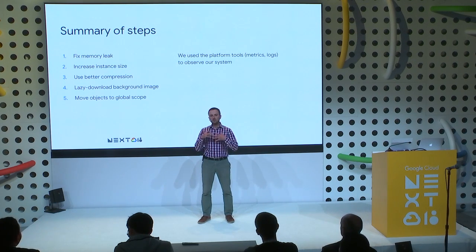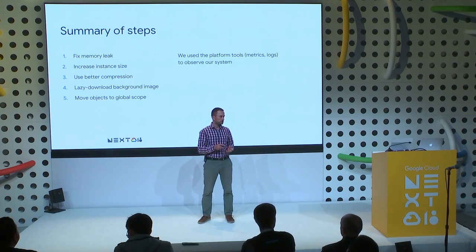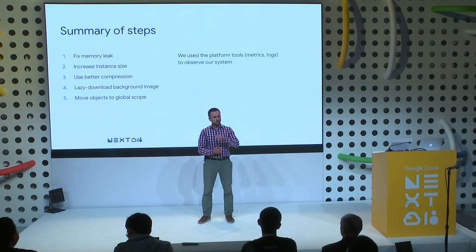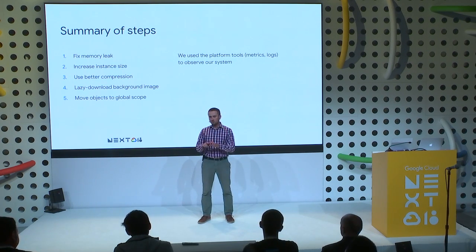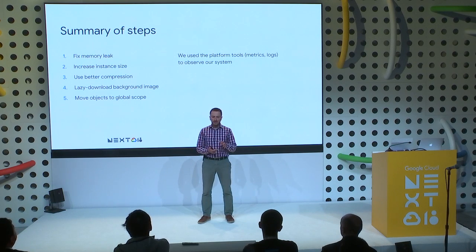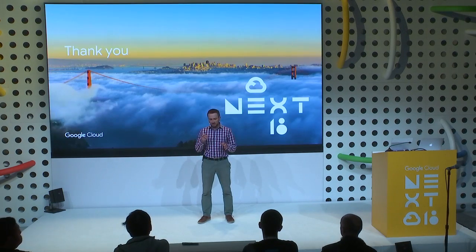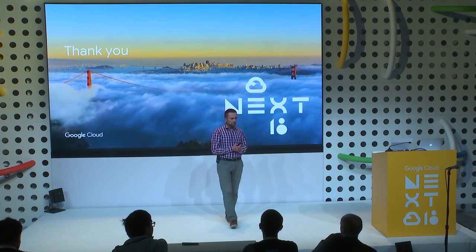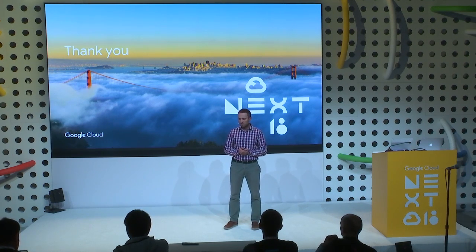And finally, we moved some computations to the global scope so that they're performed only once. And while doing that, we used the platform tools to observe our systems. We used logging, used monitoring. Maybe we didn't use logging in the best way. We could have used more monitoring. And that's about it, but we still have time to answer your questions.